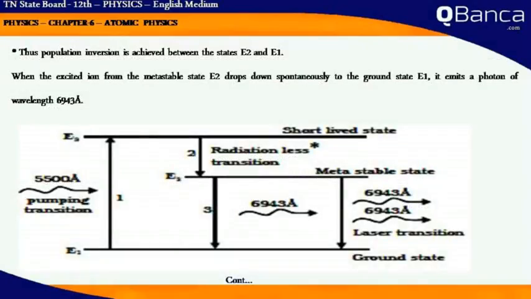Thus, population inversion is achieved between the states E2 and E1. When the excited ion from the metastable state E2 drops down spontaneously to the ground state E1, it emits a photon of wavelength 6943 Angstrom.